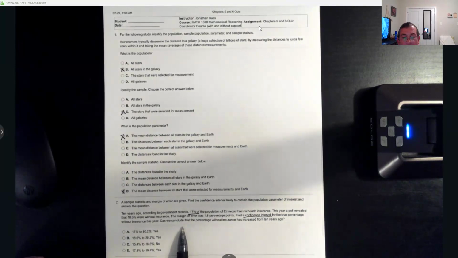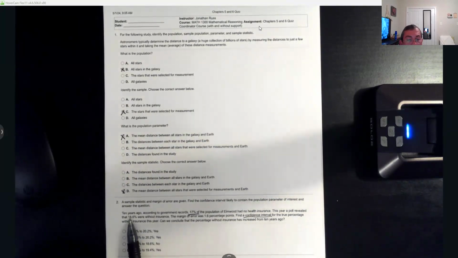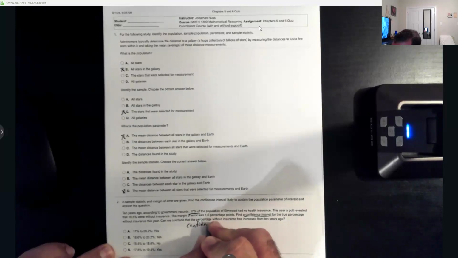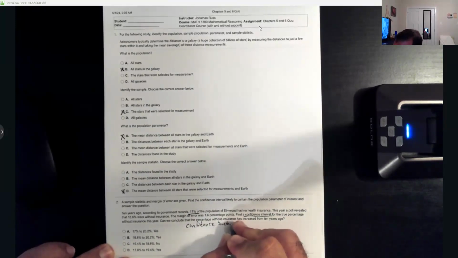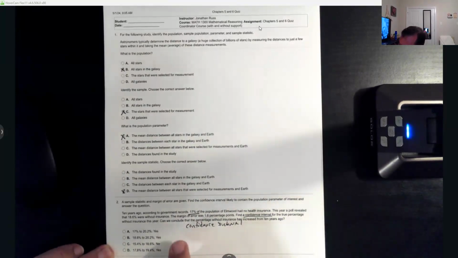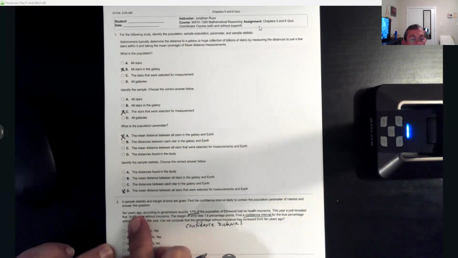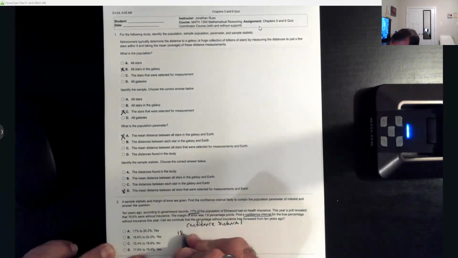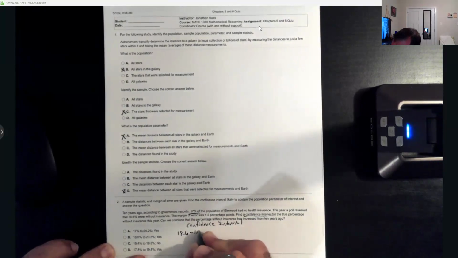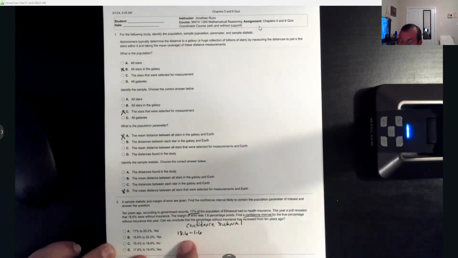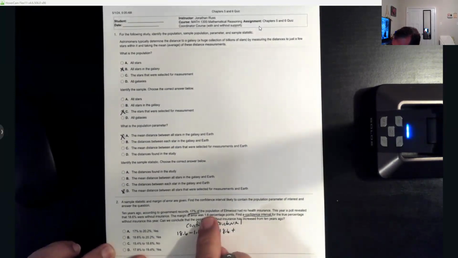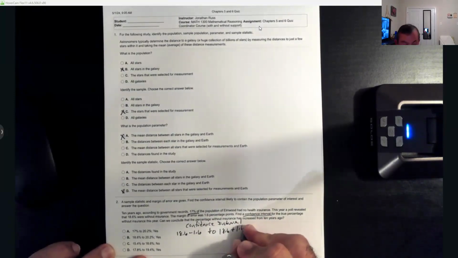So let's make our confidence interval. So we're doing it for the new data, the 18.6. So for your confidence interval, the low value, you take the 18.6 and you subtract 1.6. So that'll be 18.6 minus 1.6. That's going to give me the lower end. To get the upper end, I take the 18.6 and I add my margin of error, which was 1.6.